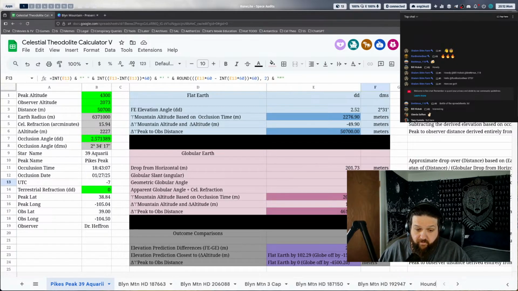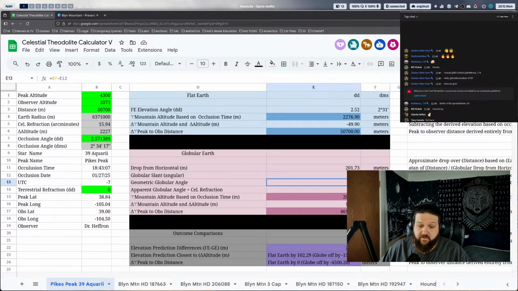Now, what was changed from that was, because if you do that, it comes out to 217, and then people will argue that, well, you've got to include this or that, and it comes out to be 219. You're doing it wrong, et cetera. So what I changed it to was to derive the globe drop from the occlusion timing minus the expected drop in meters converted into an angle. And it comes out to 219.